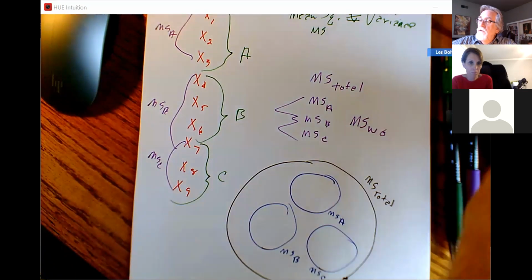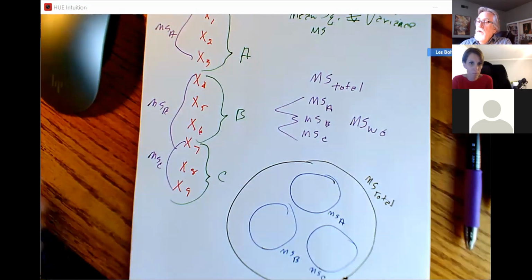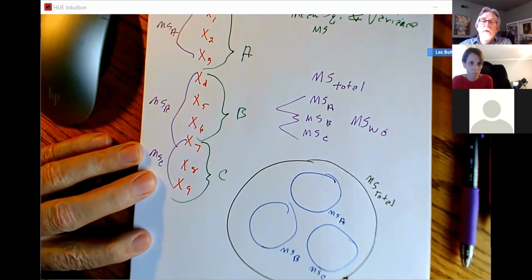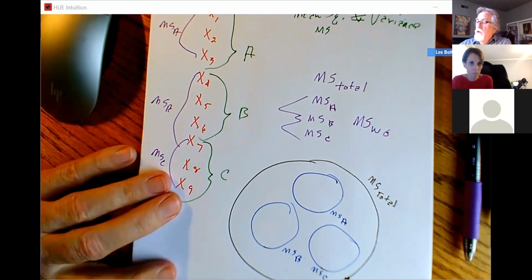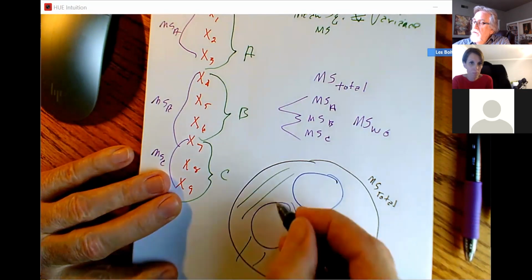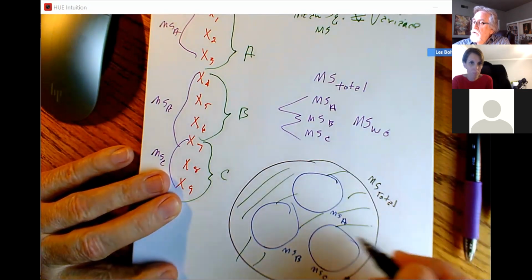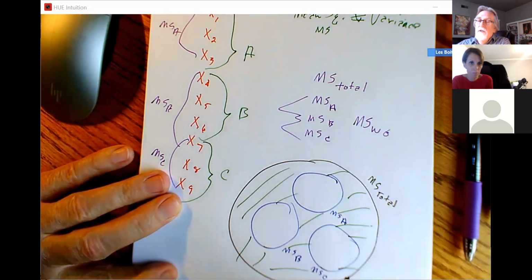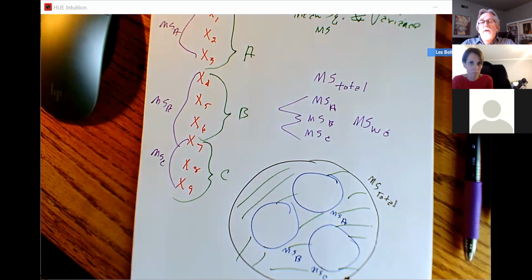Well, if you just think a little bit geometrically, or just casually look, you know that there's other space within the big circle that doesn't lie within the little circles. And we call that mean squares between groups.